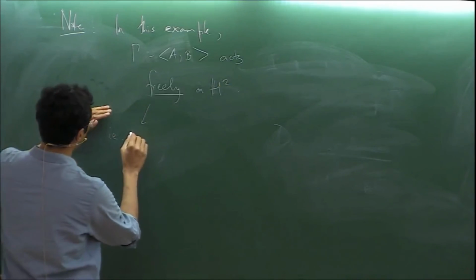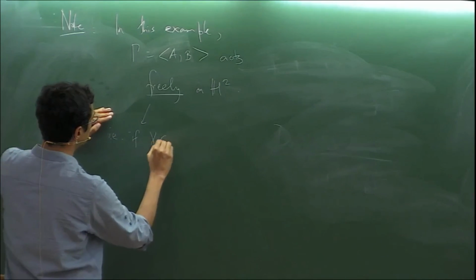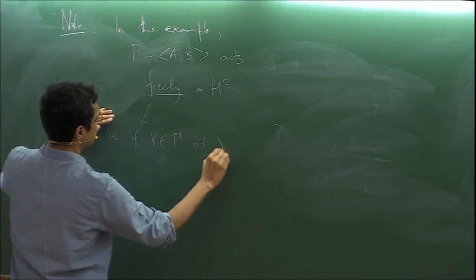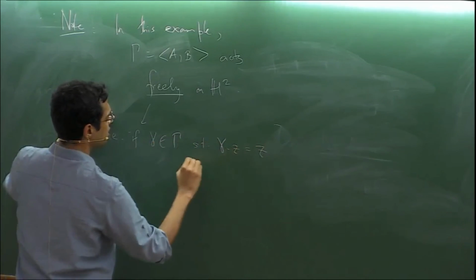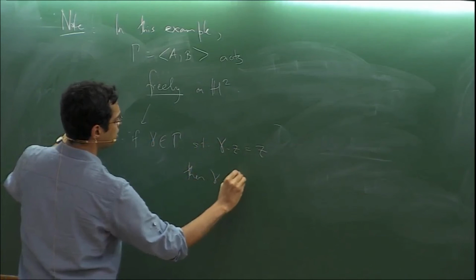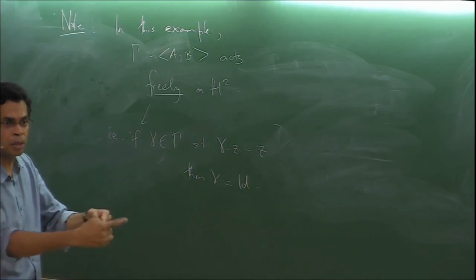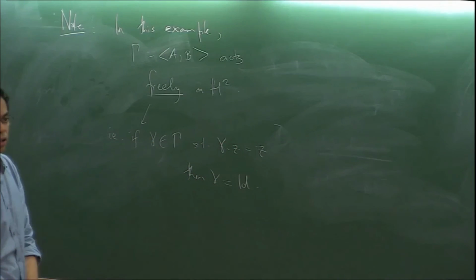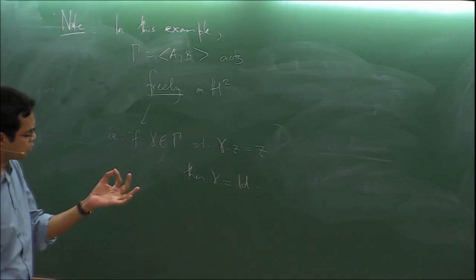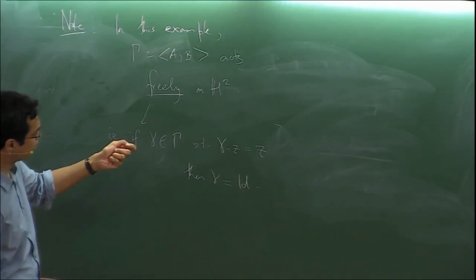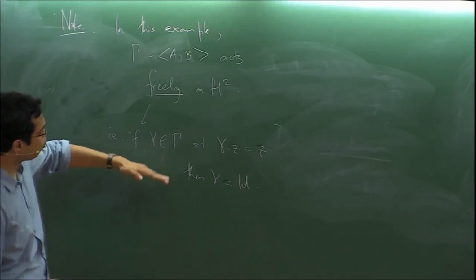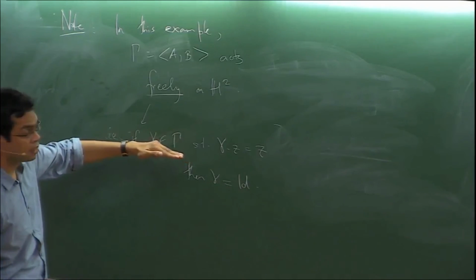If some element in gamma fixes a point, then that element must be just the identity element. Every element moves points. You know what these elements are? These are elliptic elements.